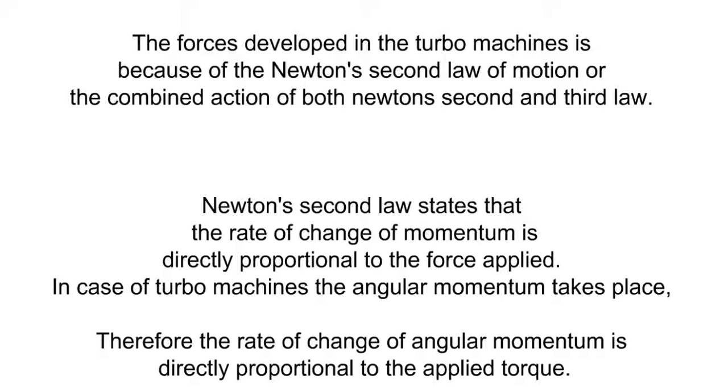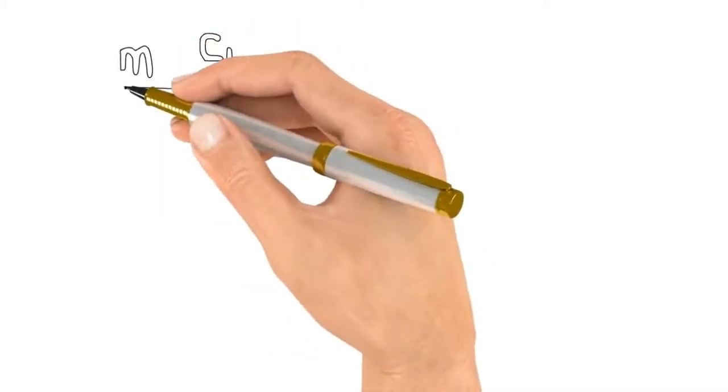On this basis, we derive all other equations for the turbomachines. Again I repeat, we have seen what a turbomachine is and the two main things that happen in turbomachines: one is the energy transfer and second is the energy transformation.